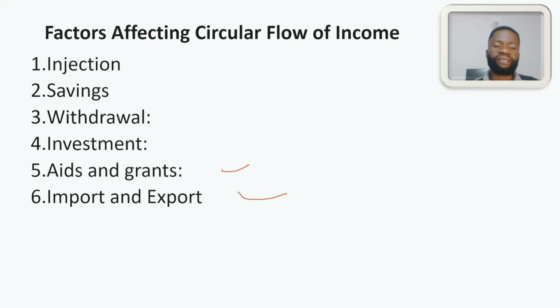Export is the money earned from selling goods to other countries, and that is injection. Export increases national income, while import reduces national income. So that is why most times the Nigerian government encourages people to go into exports of goods and services.